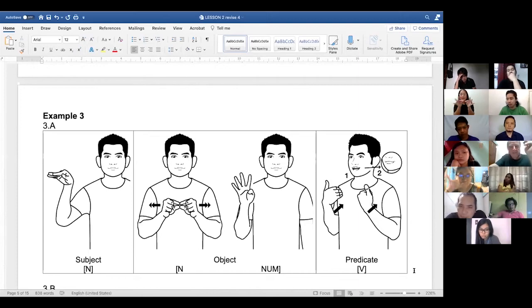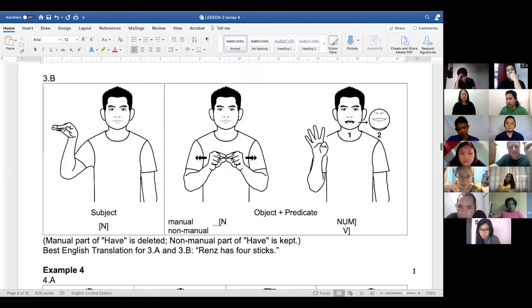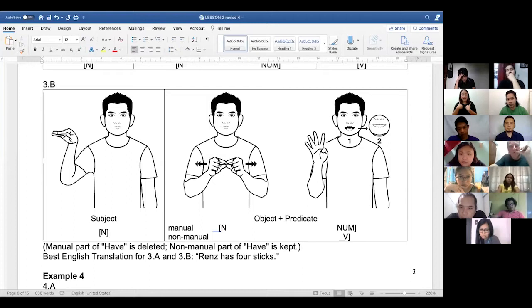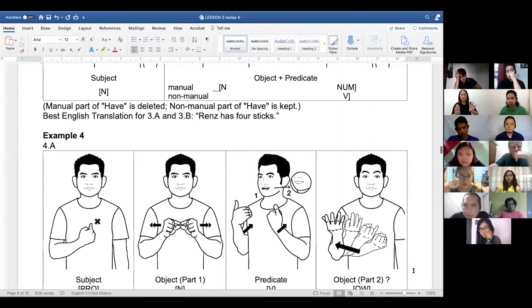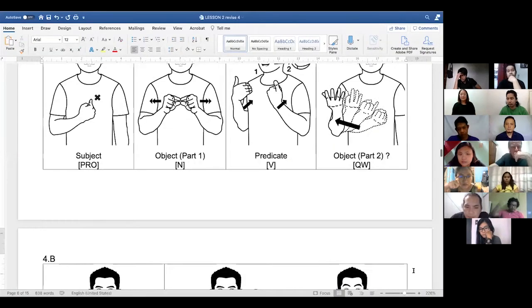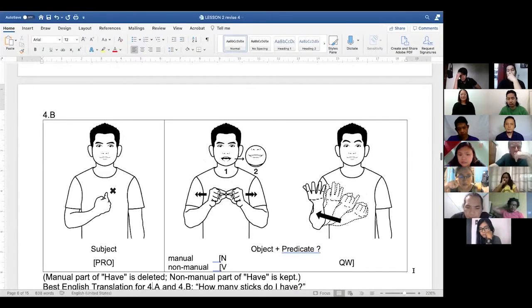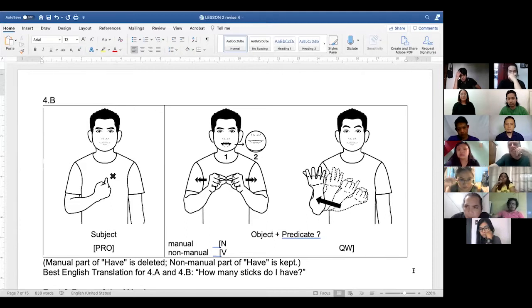And this is Rents has 4 sticks, right? Yes. Okay, let's go down to 4A and 4B. How many sticks do I have? Okay, so Ming, what did you want to change?